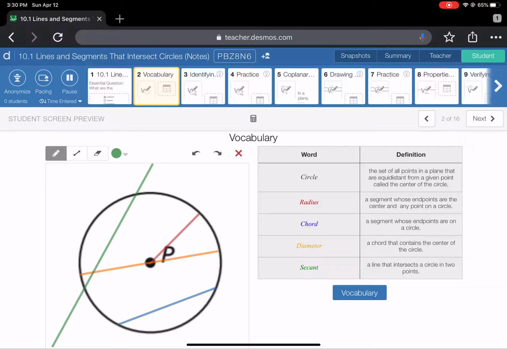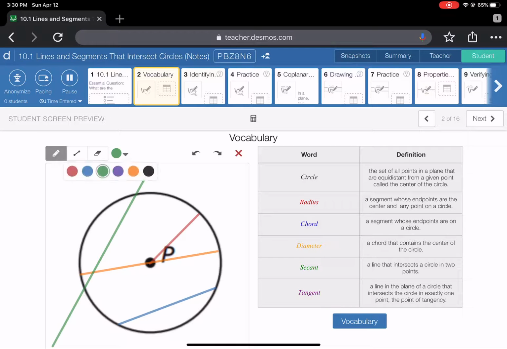It is a line. And last but not least, we have a tangent. We've heard tangent when we're dealing with triangles, but a tangent is a line in the plane of a circle that intersects the circle at exactly 1 point, the point of tangency. So what we need to do here is draw a line that only touches the circle once.